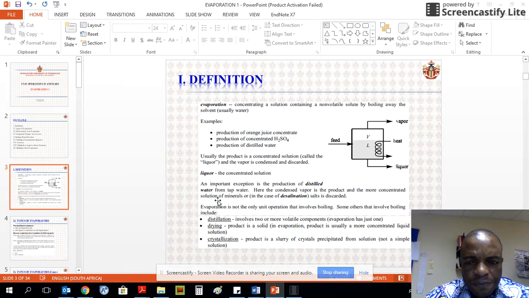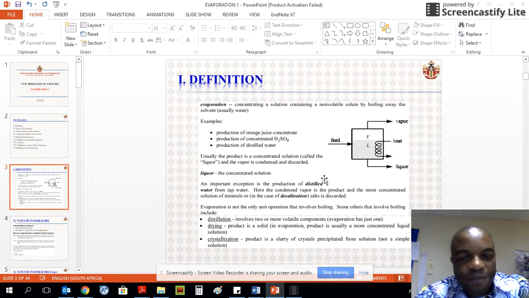Now, in most cases, the final product during evaporation is the liquor. The only exception is the production of distilled water.